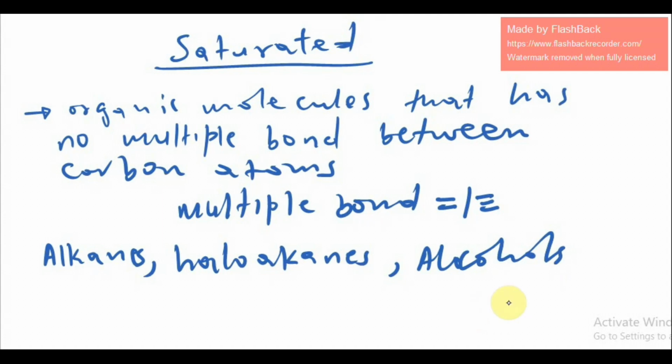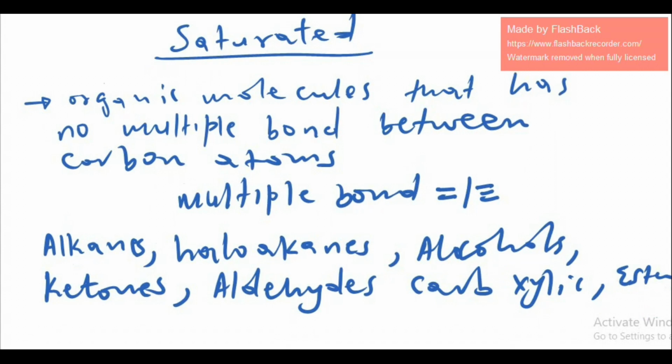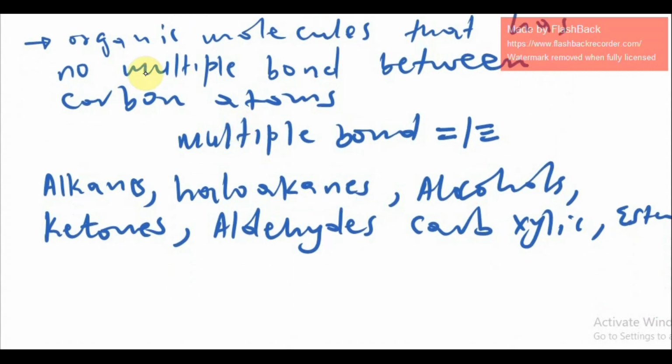Alcohols, they have a single bond between carbon atoms. Ketones, aldehydes, carboxylic acids, esters, all of these have a single bond between carbon atoms.